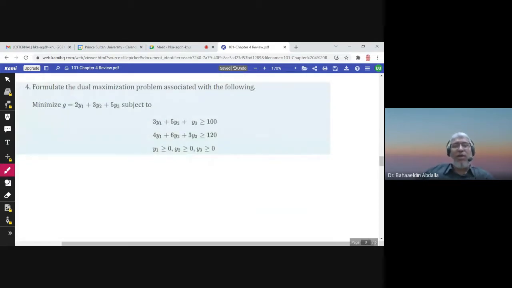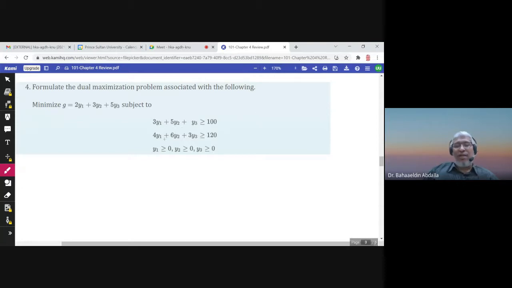Formulate the dual maximization problem associated with the following. So this is a minimizing problem, and to formulate the dual problem, I need to write the matrix for the dual problem first.